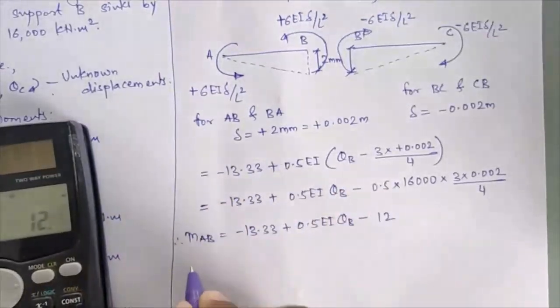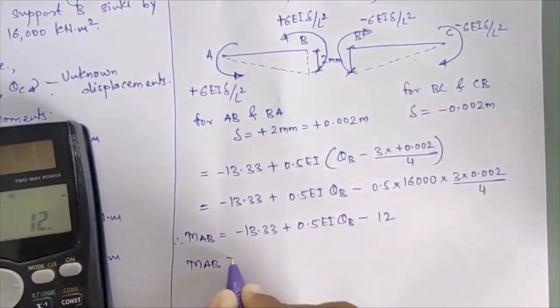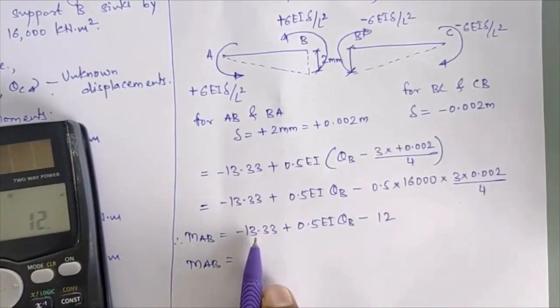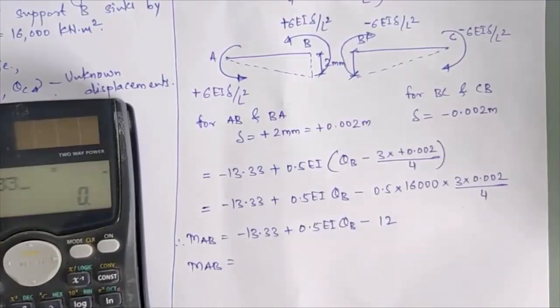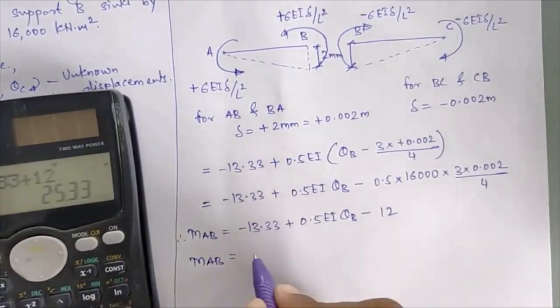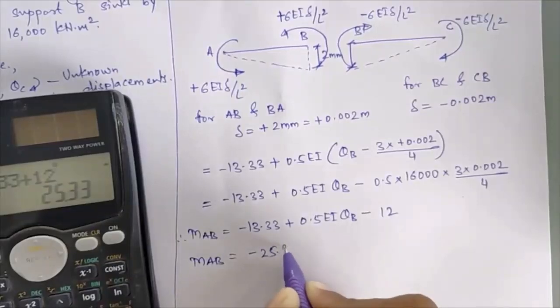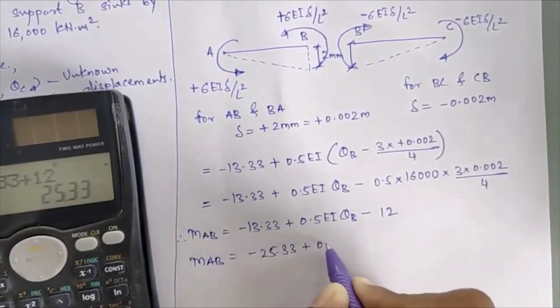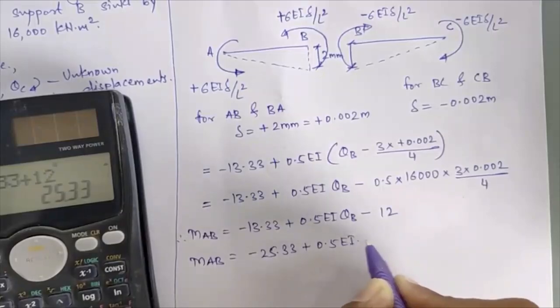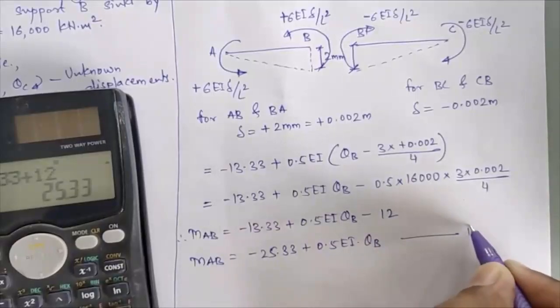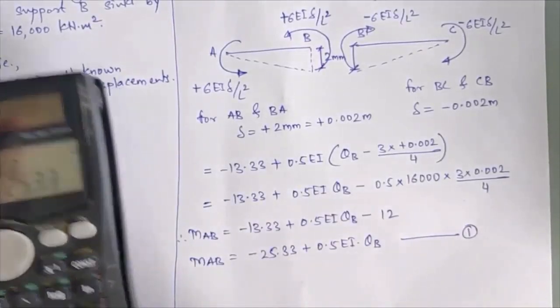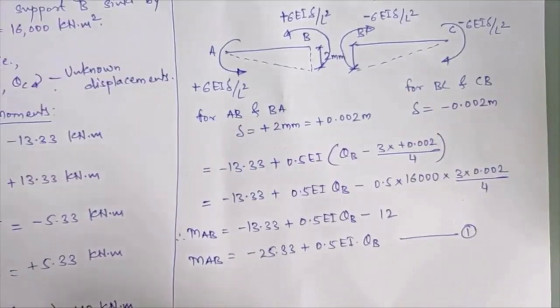Further you can simplify this, that is MAB is equal to minus 13.33 minus 12, that I'll get equal to minus 25.33 plus 0.5 EI into theta B. So this will be my first slope deflection equation for member AB, that is minus 25.33 plus 0.5 EI into theta B.